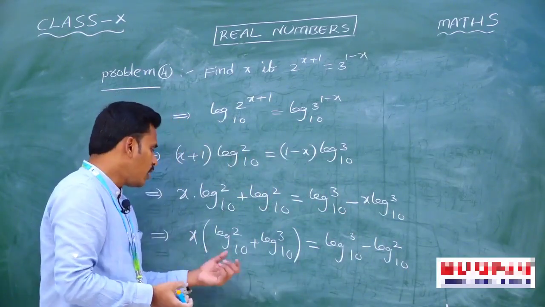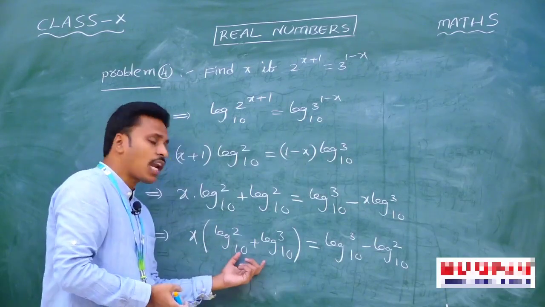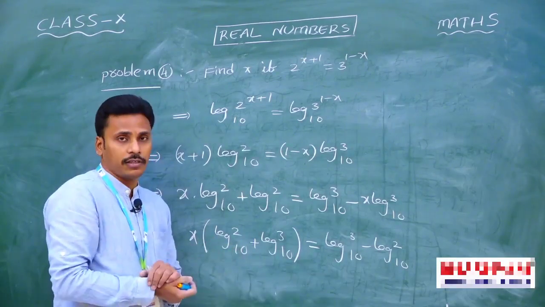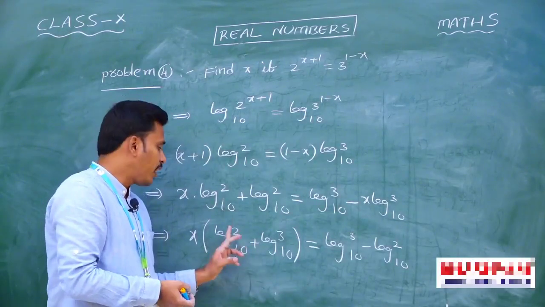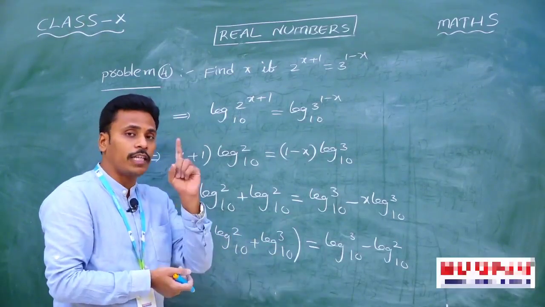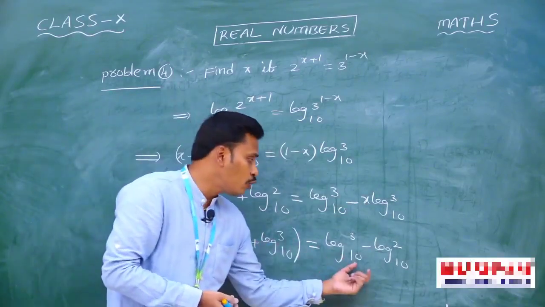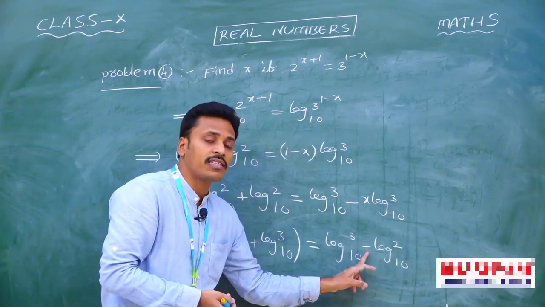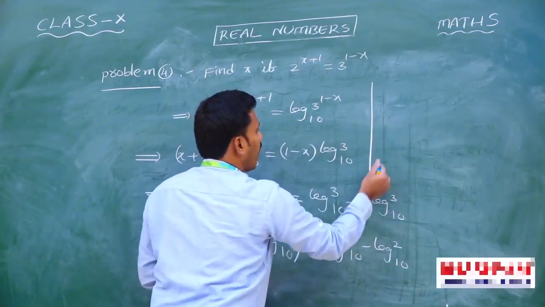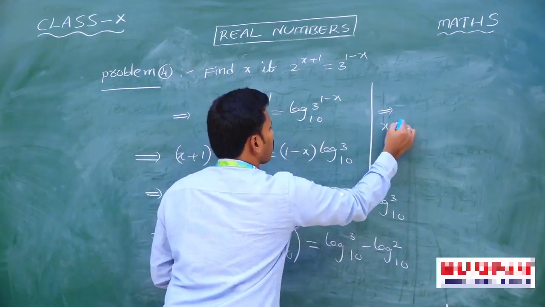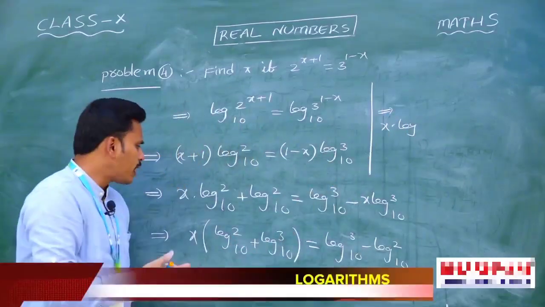And now, see, x is there, okay? Here log 2 base 10 and log 3 base 10: the bases are the same and a plus sign is there between them. There is a chance to multiply these two numbers by the first law. And here you can use the second law because a minus sign is there between them, and then you need to divide these two.